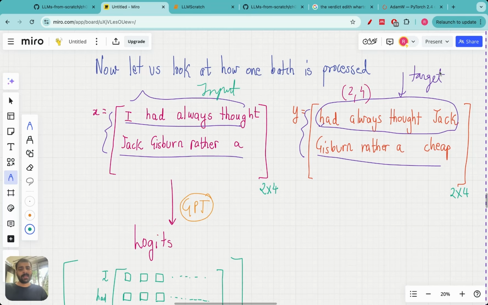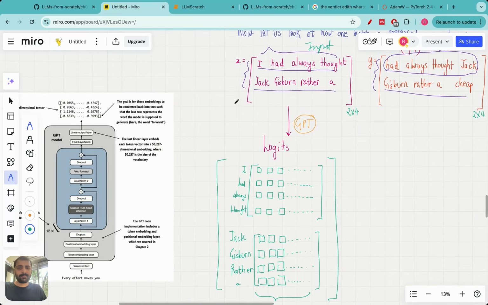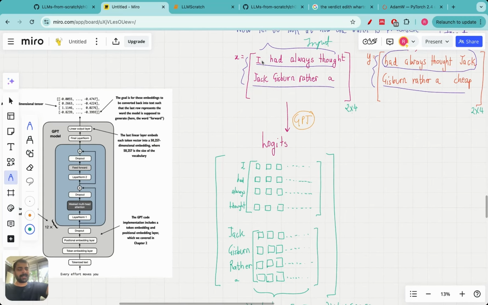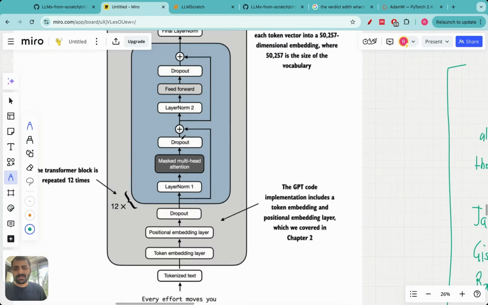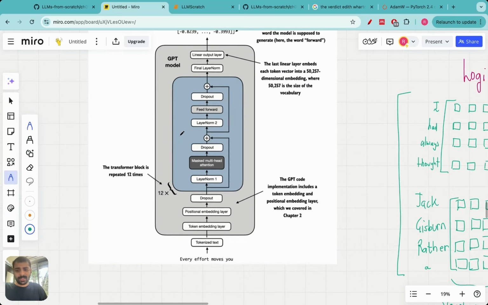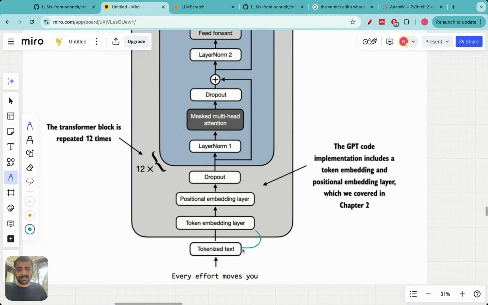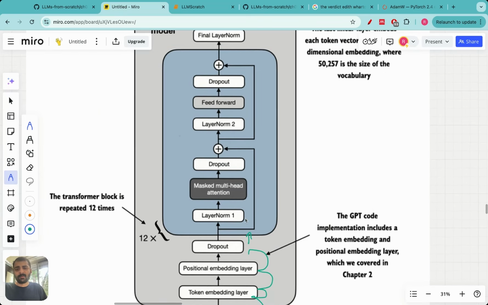That's the first step. Then we need to get the LLM output. So what we do is we take the input value. We take the first batch, the second batch, the third batch, etc., and pass all of these batches into this LLM architecture which we have built. This is a pretty big architecture where we first do the tokenization, then the embedding, then add the positional embedding, add the dropout layer, and the output from this dropout layer passes through the transformer block.